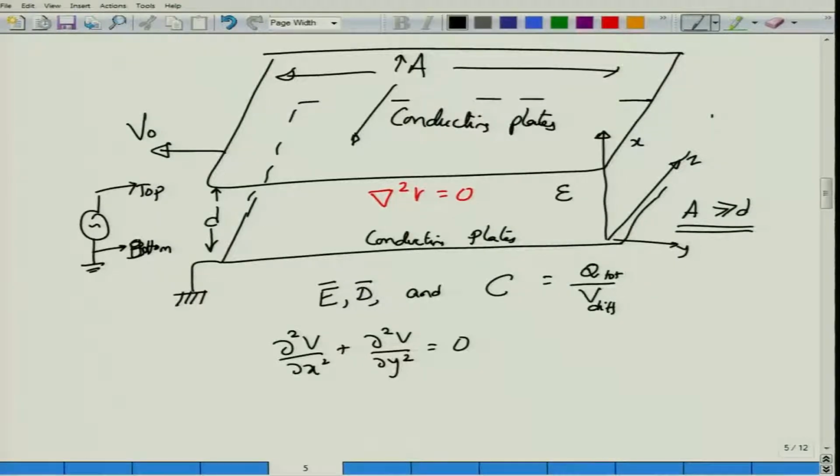You do not even need to worry about the second term, del square V by del y square, because of the symmetry of the problem. If you move from the bottom plate and hit a distance of x equal to d, which happens very quickly, then you see that there is a second plate.